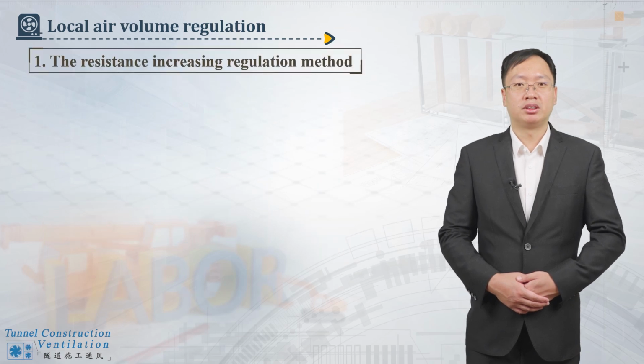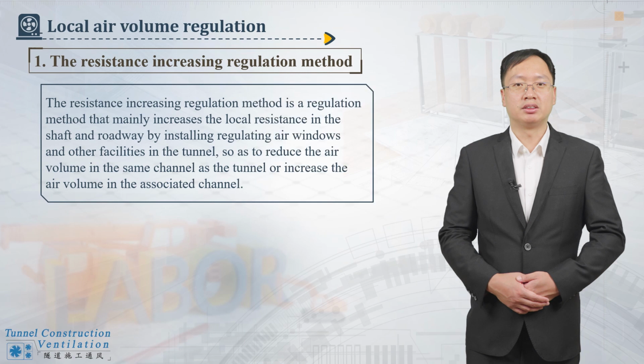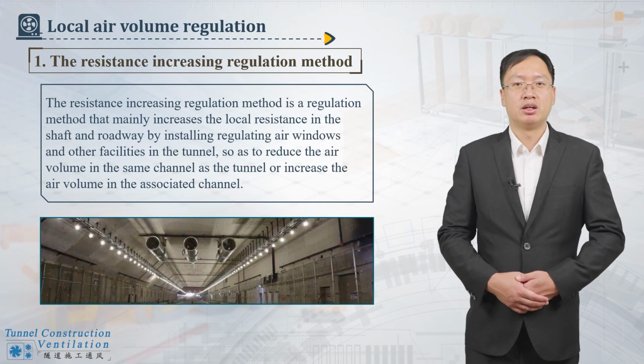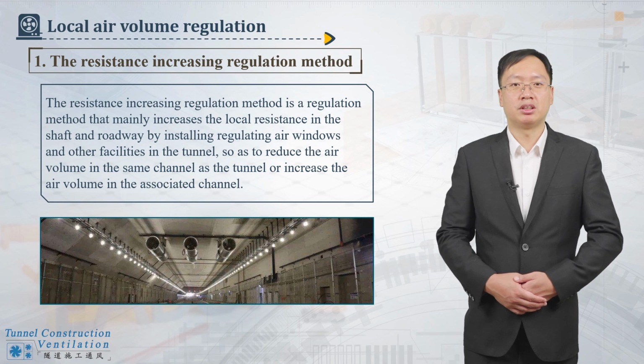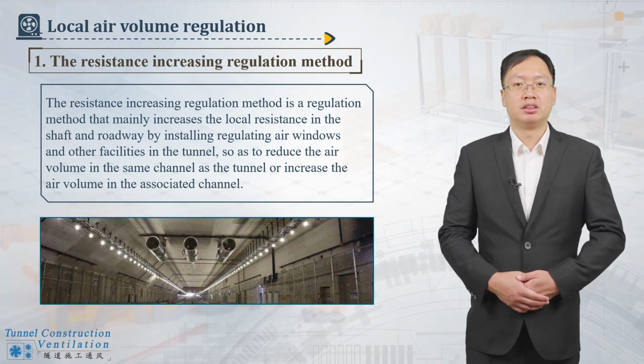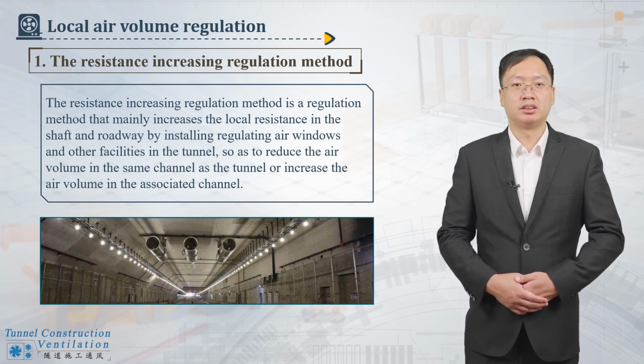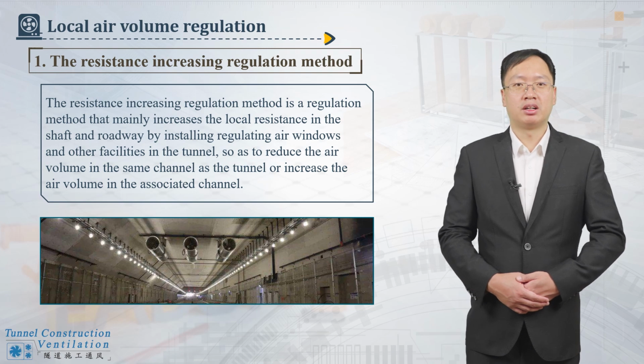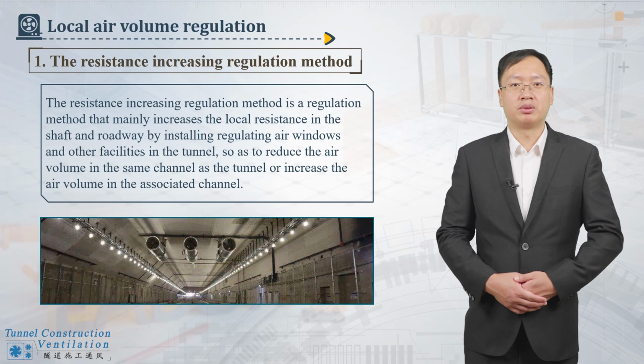The resistance increasing regulation method is a regulation method that mainly increases the local resistance in the shaft and roadway by installing regulating air windows and other facilities in the tunnel, so as to reduce the air volume in the same channel as the tunnel or increase the air volume in associated channel.